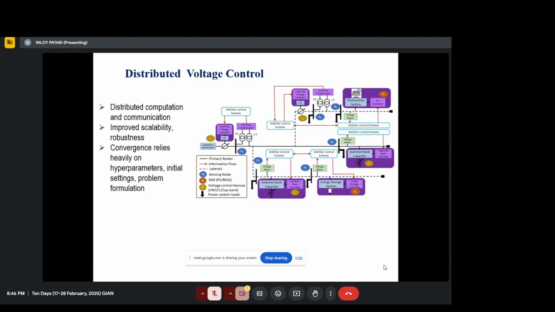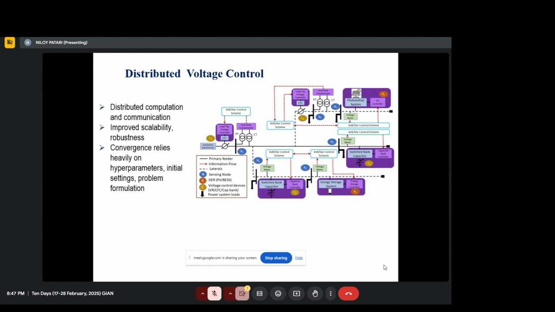Robustness is improved in the sense of robustness in communication, because as I told, one agent can talk with a peer agent, right? It cannot talk with other agents in the system, though it depends on how you create the communication infrastructure. But I'm just saying that if you have a distributed architecture, this agent can only talk with its neighbor agents and not with anyone else.